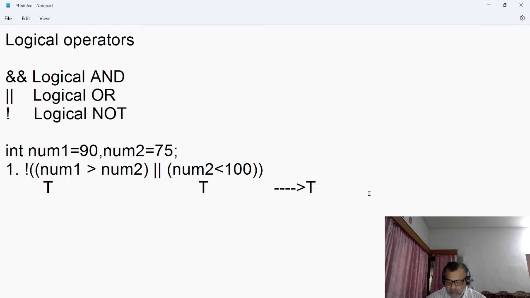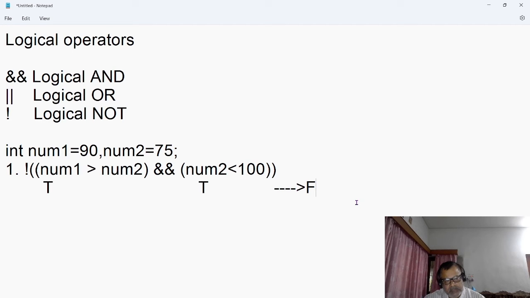But due to this logical NOT operator, now you will get false. Why? Because it will work on the result of this. The result was true, that's why you are getting false. If I change this symbol to maybe logical AND, because both are true, finally you will get false in the case of the logical AND operator also.